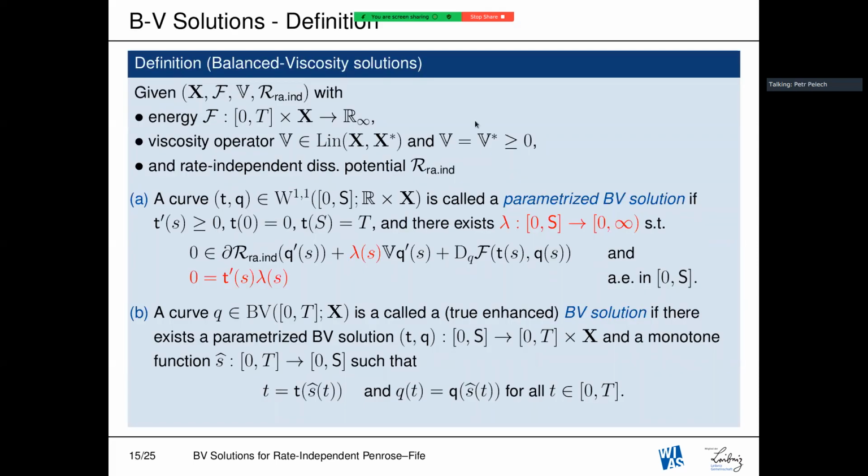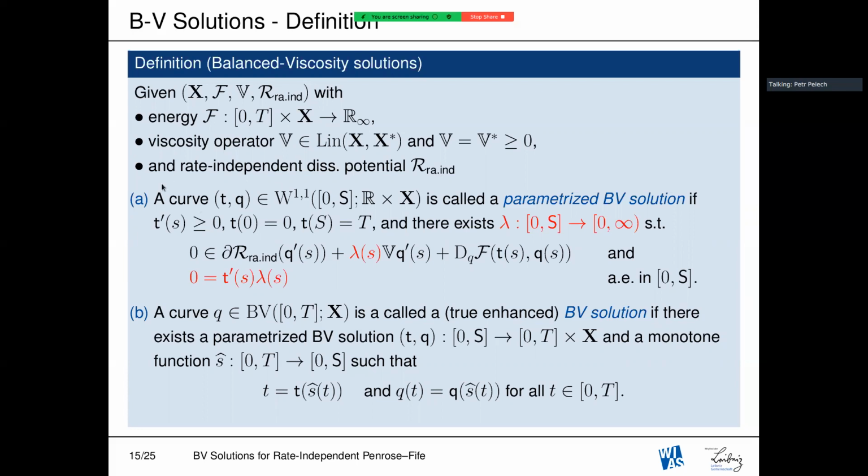Just to have some definition of what we mean by balanced viscosity solution. We have to have some viscosity space, some energy functional on the viscosity space, some viscosity operator, and some rate independent dissipation potential.